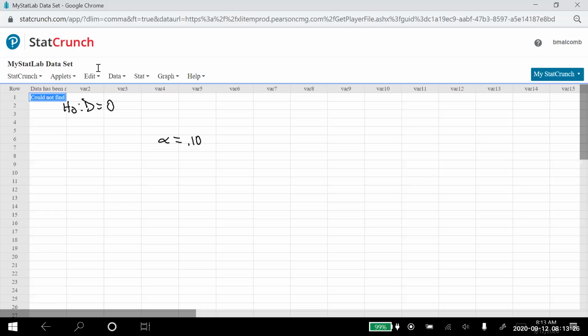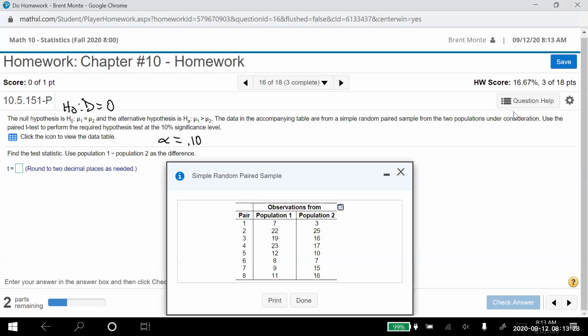Very much not helpful. All right, I'm going to do this one more time. I'm going to actually take a picture of the data with my phone, and I'll show you if we run into something like this, we may have to do this type of thing. So I'm going to take a picture, and then I'm going to enter the data in myself. So let's try one last time. Let's see. Open in StatCrunch.